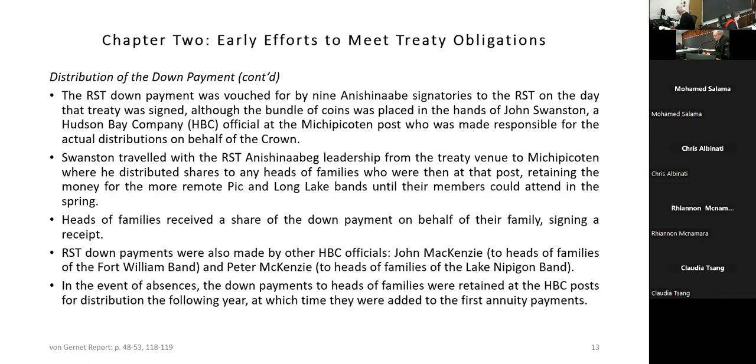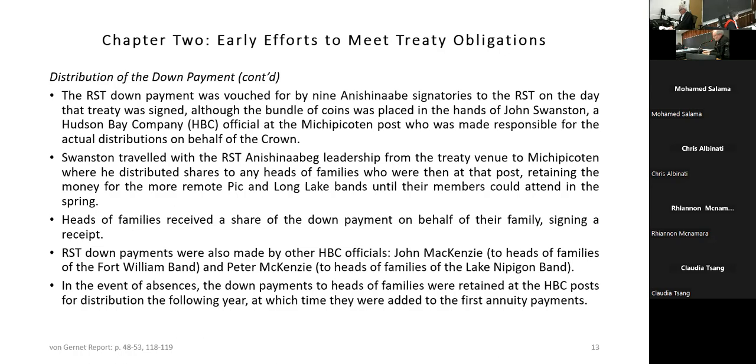And so then you had these down payments made at other posts as well, because under the RST, as you may recall, there's actually a stipulation that the payments of the monies would be made at Michipicoten and Fort William. That was a requirement under the treaties. And so these are 2 Hudson's Bay Company posts, and the officials there then were made responsible for this.